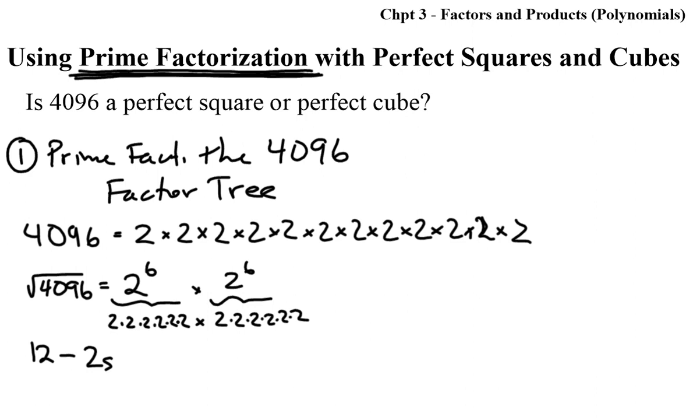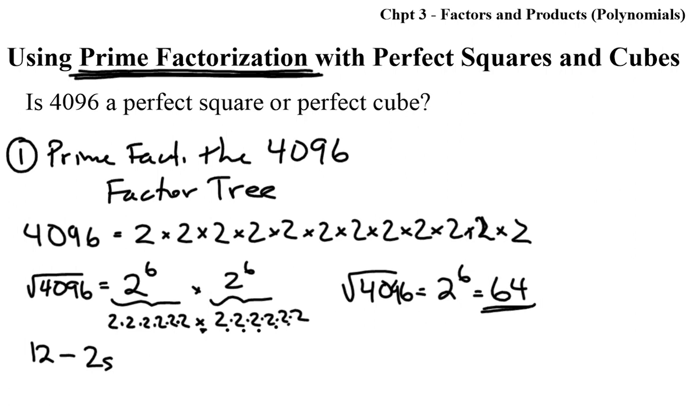So the square root of 4,096 is really 2 to the 6, which equals 64.